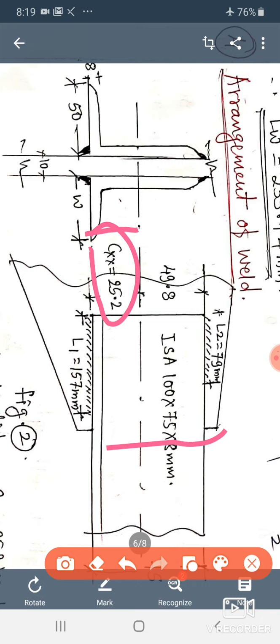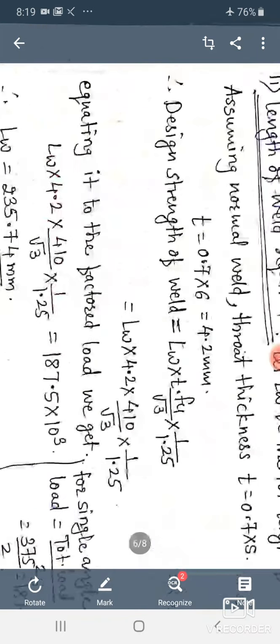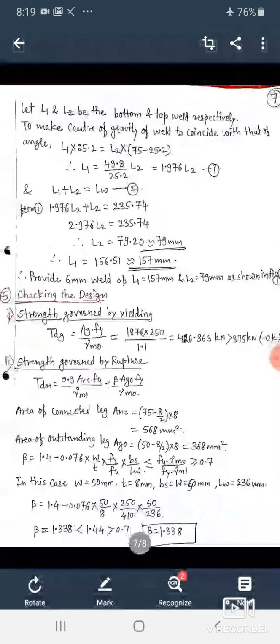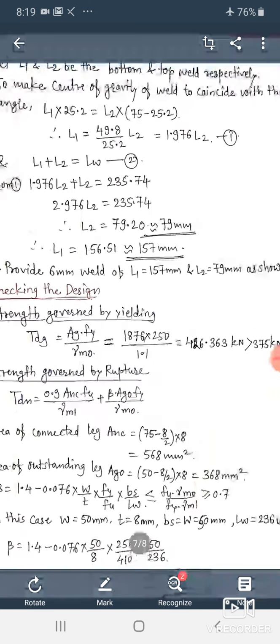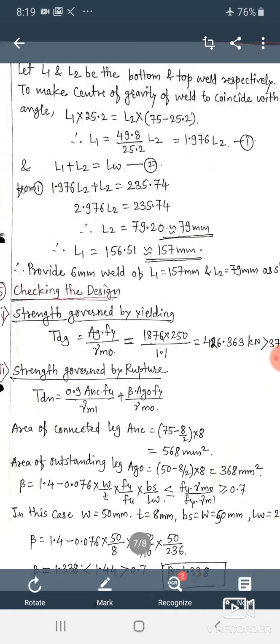After doing the arrangement, we need to calculate the length, that is L1 and L2, that is bottom and top weld respectively.